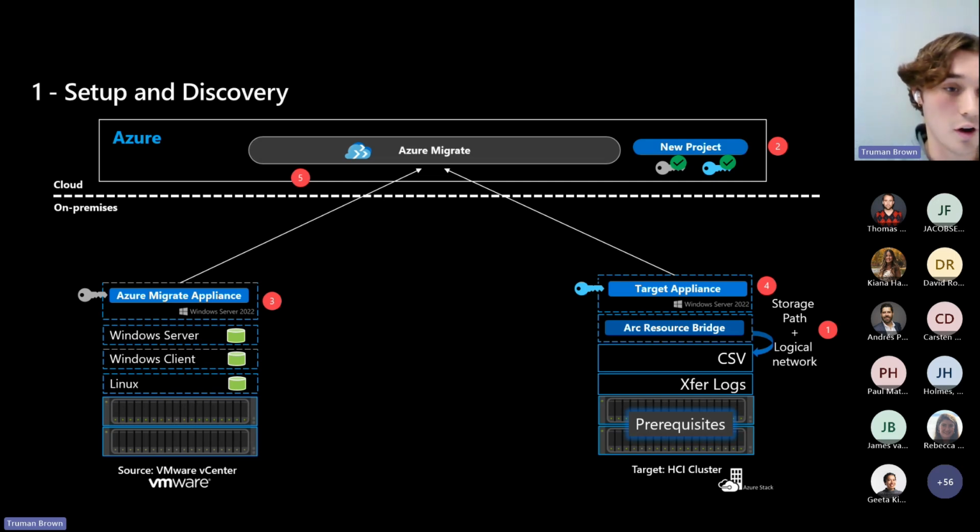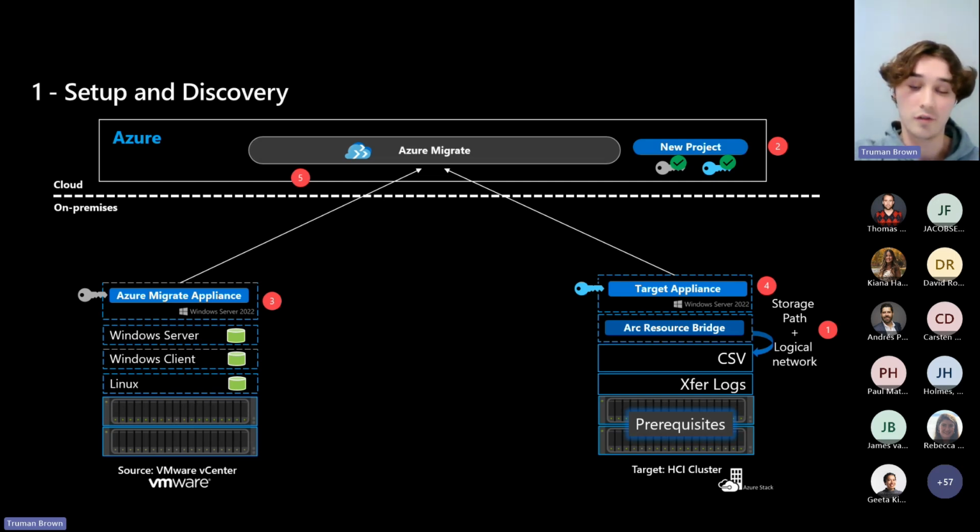So then the user would go in and install a Windows Server 2022 VM in their vCenter environment. This is our source appliance, and you would download some bits. You could either do this via zip or OVA. And then you would link the source appliance to the cloud, to your project with that key that you just generated. Then you'd go ahead and do the exact same process on the target side as well.